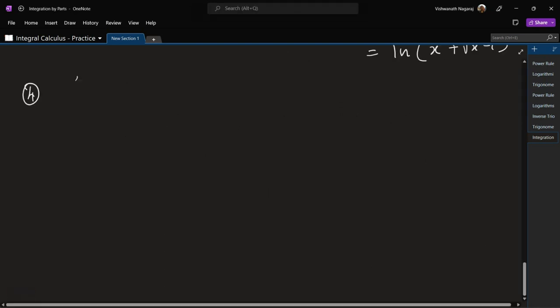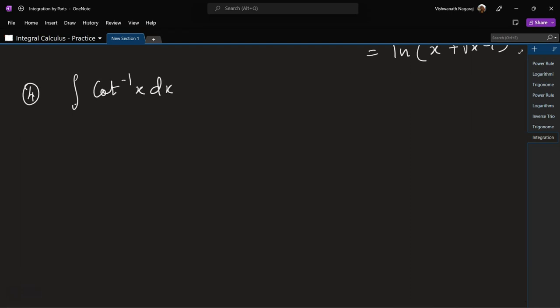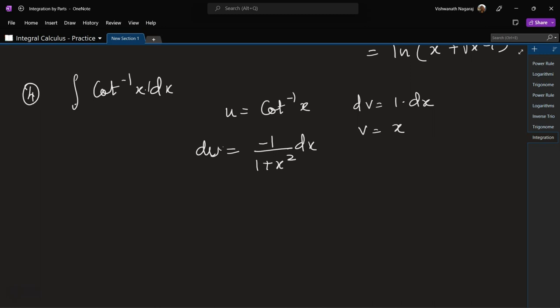Fourth one, integral of cot inverse of x dx. Again, we are going to take times 1 dx. So u will be cot inverse of x, and dv is equal to 1 dx. If we integrate both sides, we get v is equal to x. And here du would be, the derivative of cot inverse is minus 1 by 1 plus x square dx.